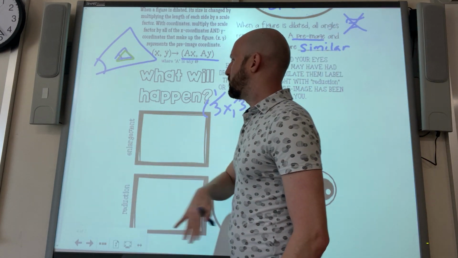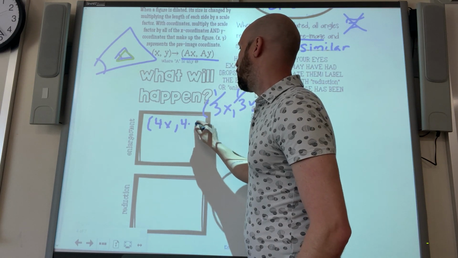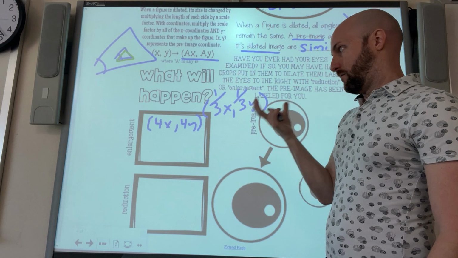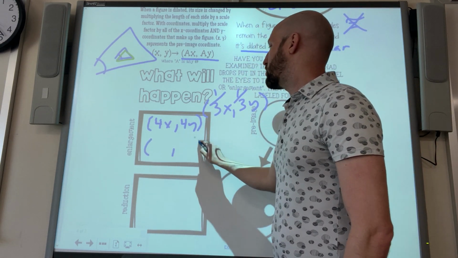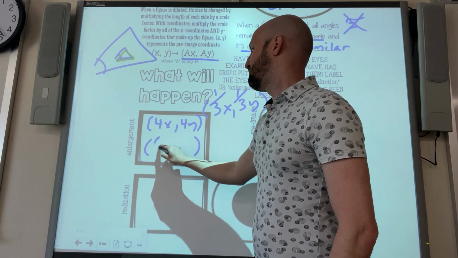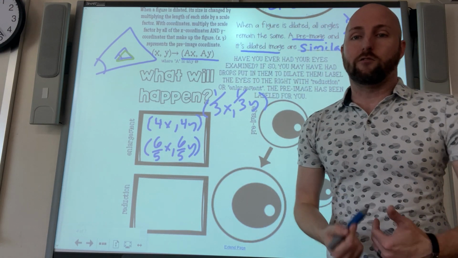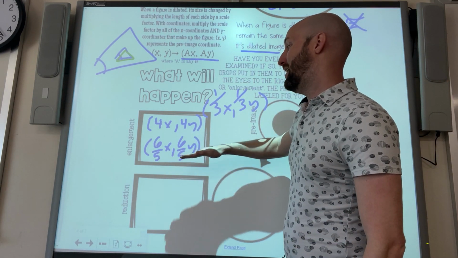Generally, what enlarges a shape would be things like 4x, 4y, where it's clear and obvious that you're multiplying by a whole number that is going to grow the shape. But it also could be any improper fraction, like 6/5 x, 6/5 y. That would also be an example of enlargement, as long as you remember that a fraction is multiply the top, divide the bottom.